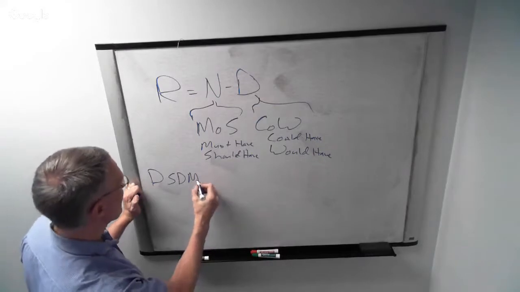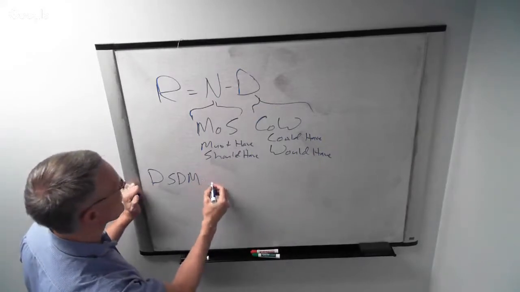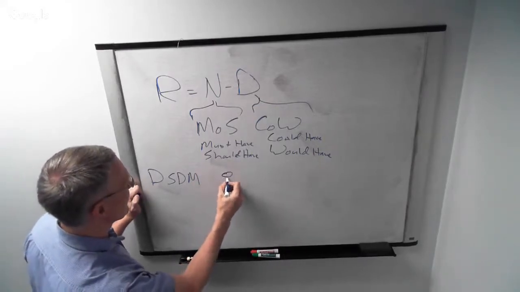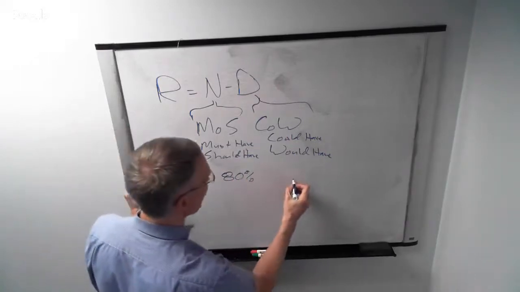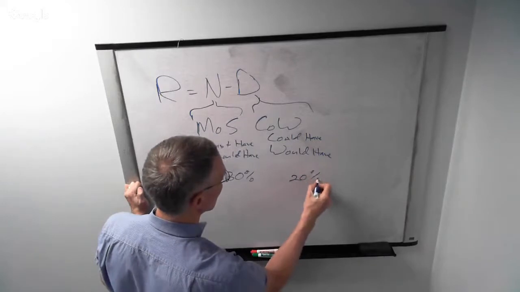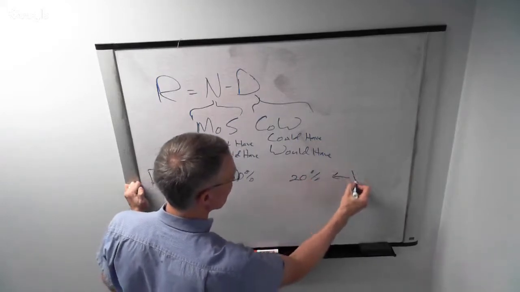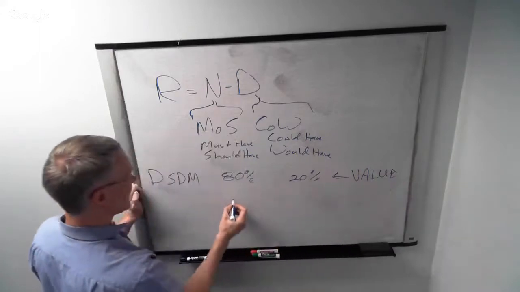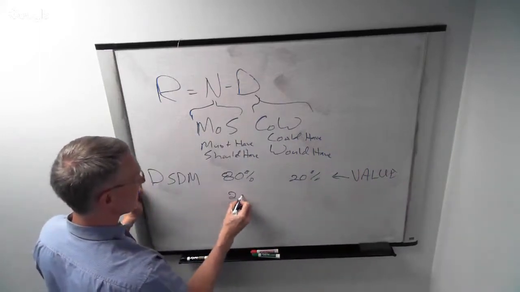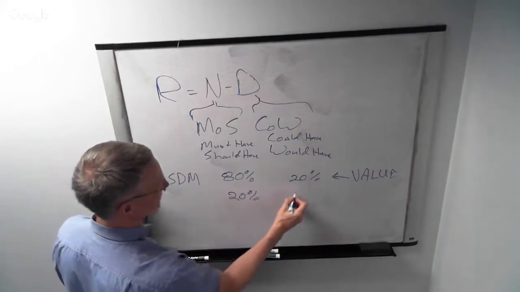But this approach says that 80% of the value, so this is the value perspective, 80% of the value can be done in 20% of the project time.